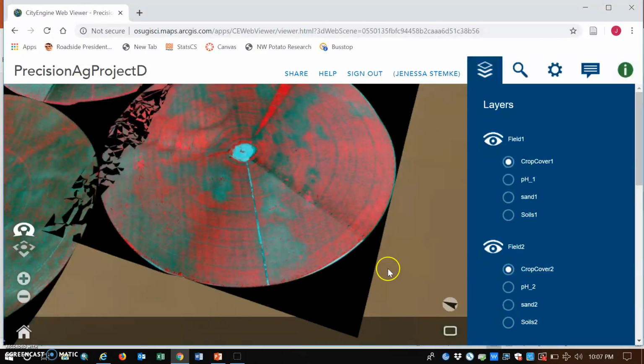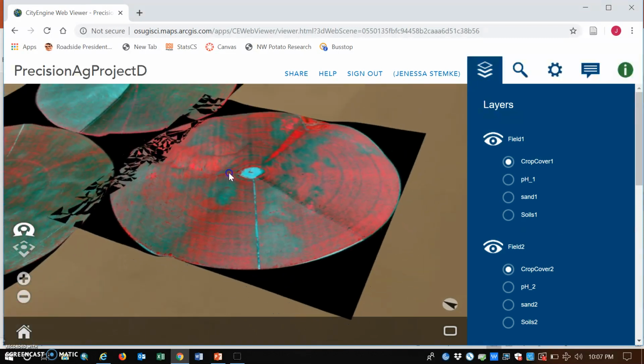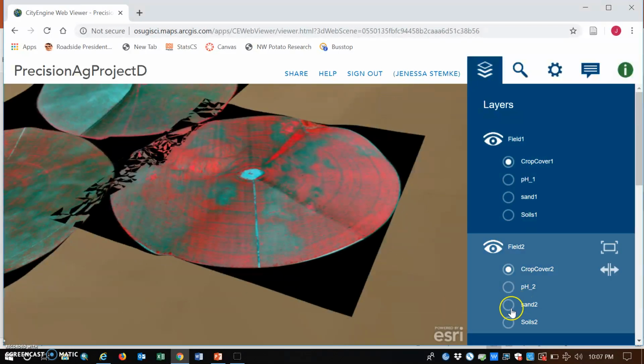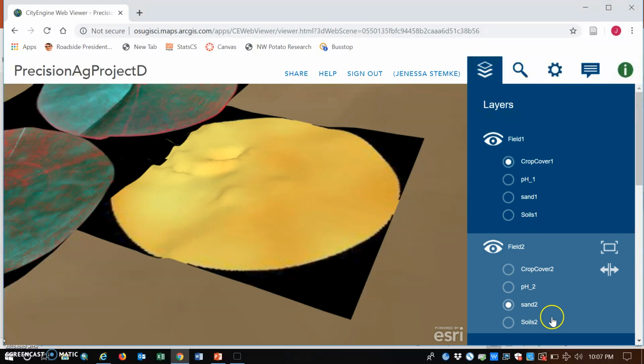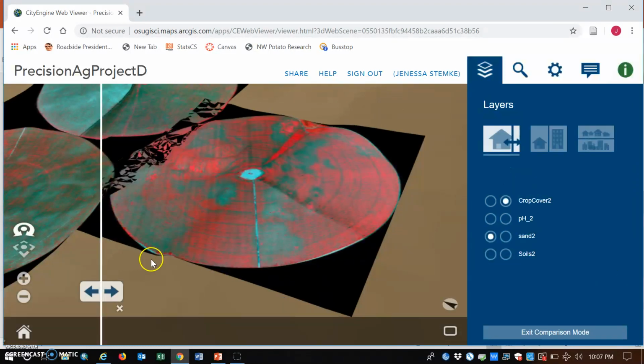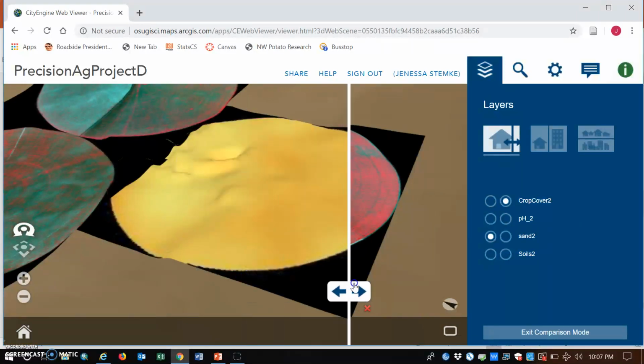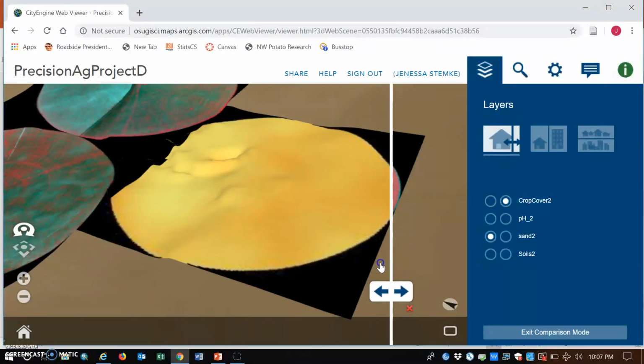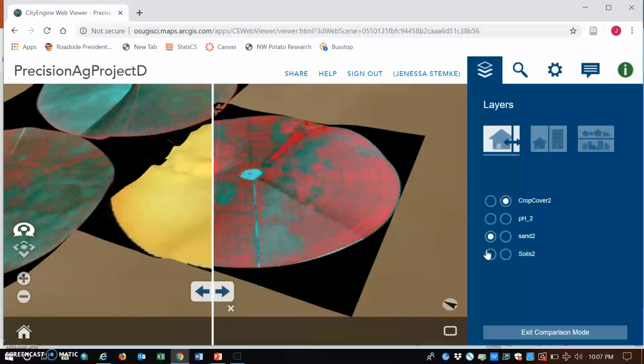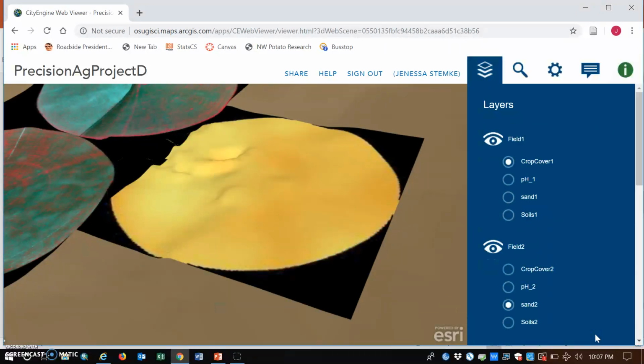I'm not sure why there are black corners here. Now let's take a look at sand. Not really anything going on with sand there.